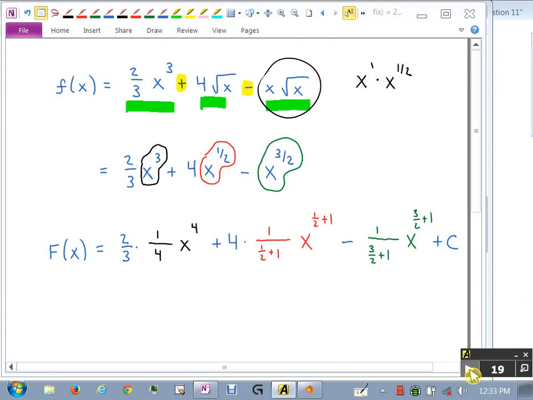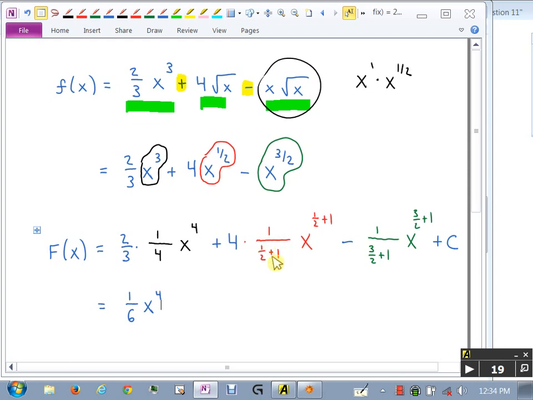It's just cleanup time, all right? Let's clean this up. What's this? 1/6, x to the 4th. All right. This is 1 over 3/2, which is the same as 2/3.